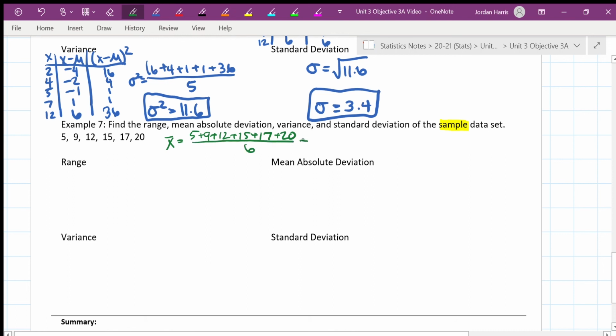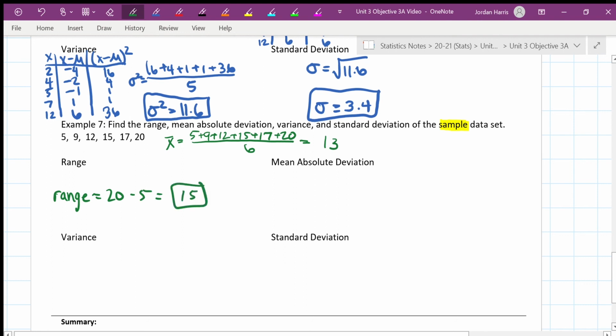It doesn't matter for the mean which type it is. Add them up and divide by how many there are. I add all those up and get 13 when I divide by 6. For the range, biggest one minus smallest one, which is 15.